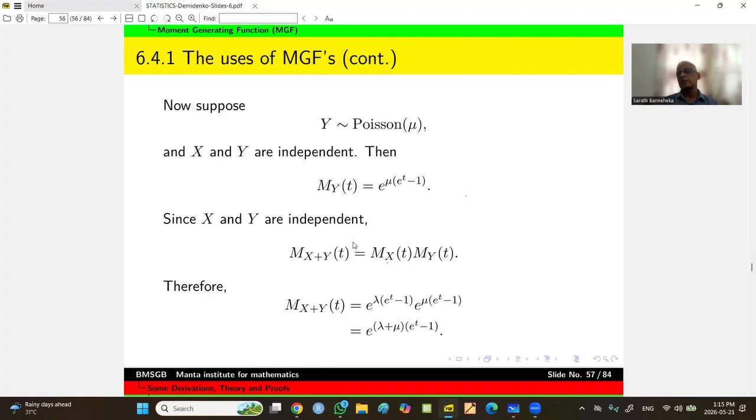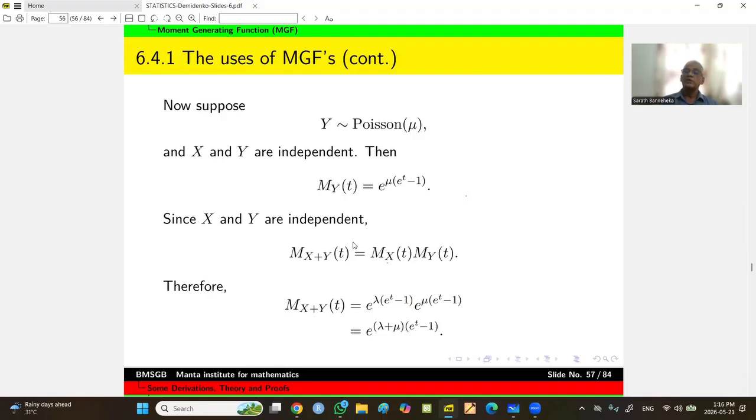But deciding the distribution of X plus Y practically is not always easy like this, right? For example, I will ask you to do the same thing for the exponential distribution.